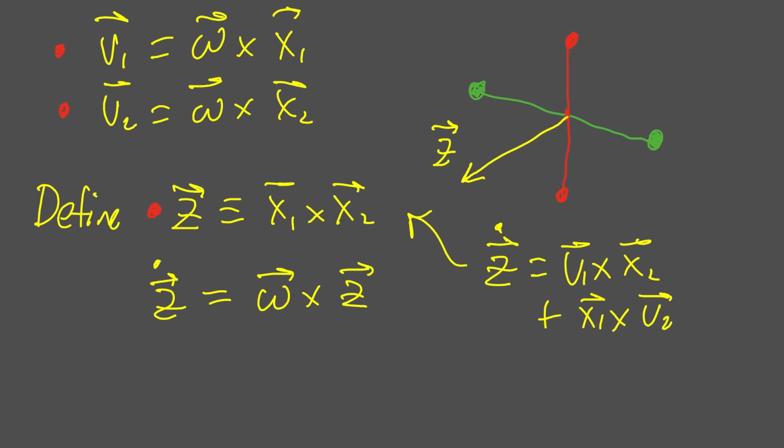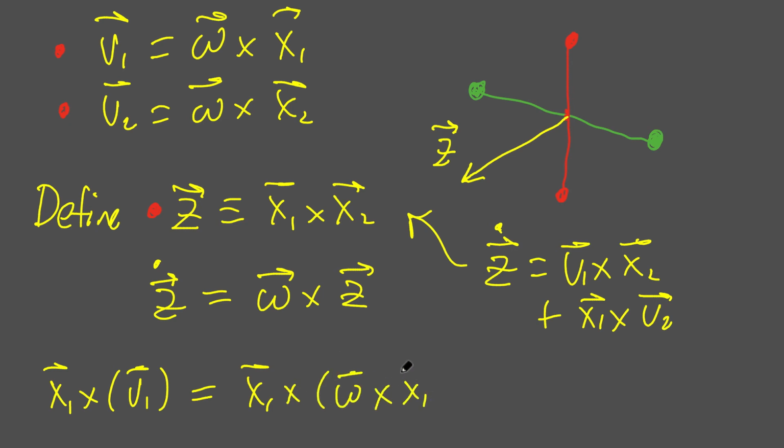So how do we do that? First, let's examine the cross product of this equation with x1 vector. So let's compute x1 vector cross v1. That's x1 vector cross omega cross x1 vector.